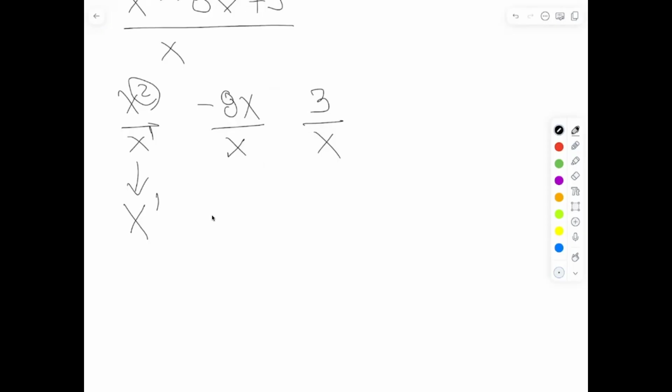Now, hold on a minute. x over x, these can cancel out, right? Correct? I am left with negative 8. Here, I can't do anything. So I'm going to end up with positive 3x, right?